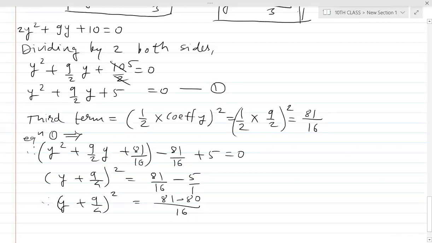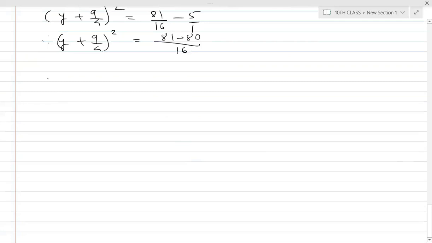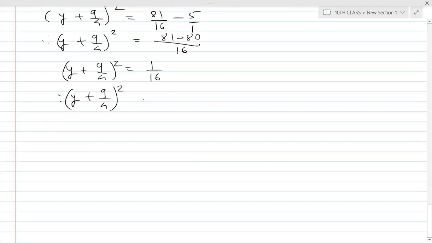So we can write y plus 9 by 4 whole square as 1 upon 16. The square here becomes a square root. The square root of 1 upon 16 is plus minus 1 by 4.